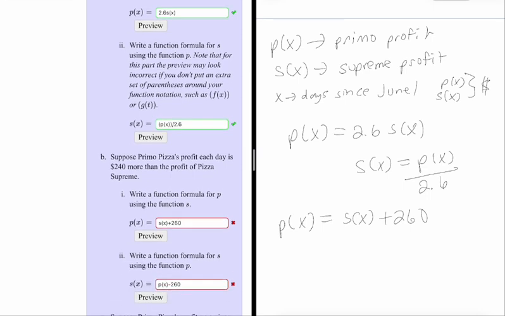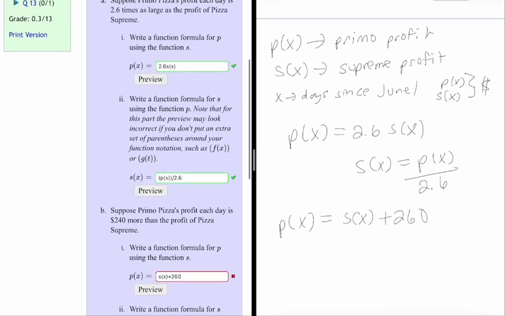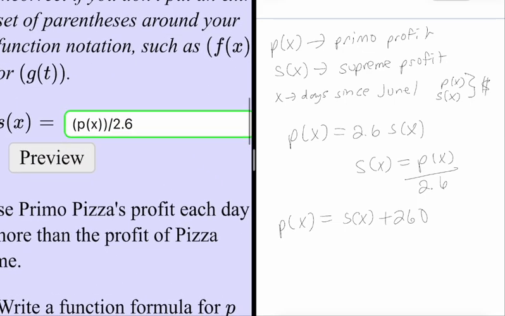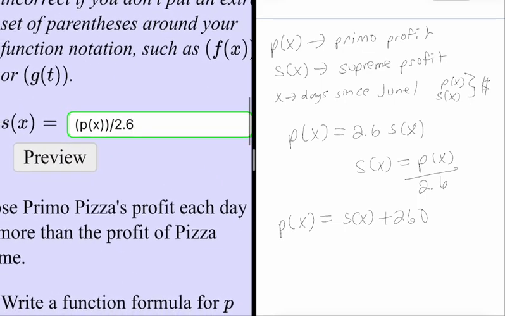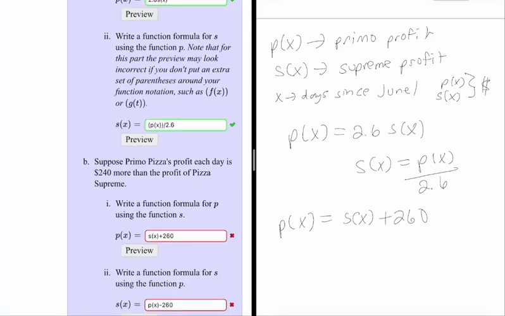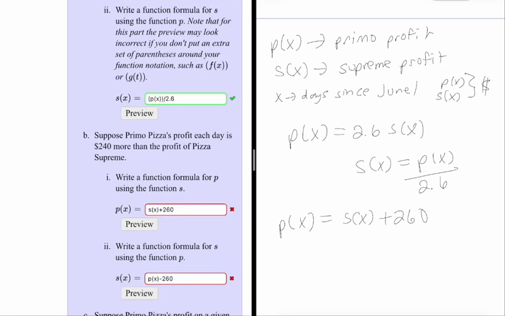I divided by 2.6, but I put the whole P of X in parentheses, so I used a double set of parentheses. Primo's is more than Supreme's, so it is the Supreme plus 240. Oh, it's 240, I'm so sorry.